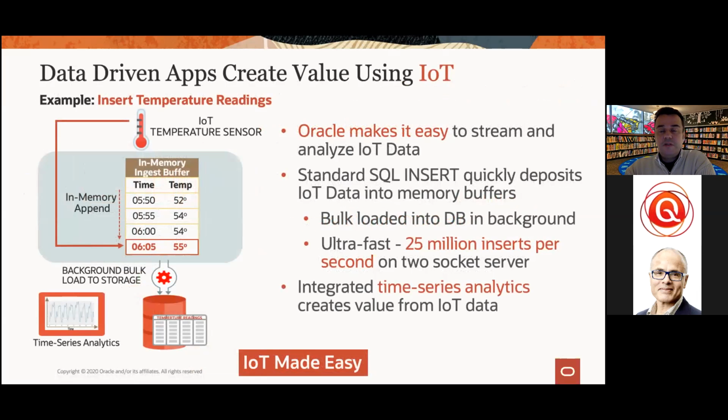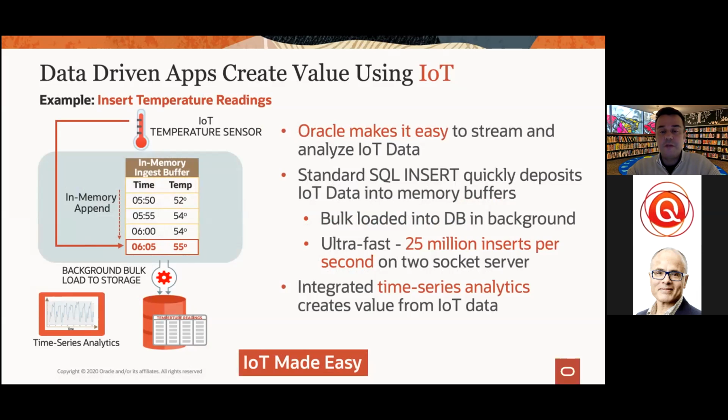You can receive data from devices. We have the new concept of Internet of Things, and those devices generate large amounts of information in a very short amount of time. Now we have this new feature called fast ingest, which can be used to insert a huge amount of information into the database in a very short amount of time.